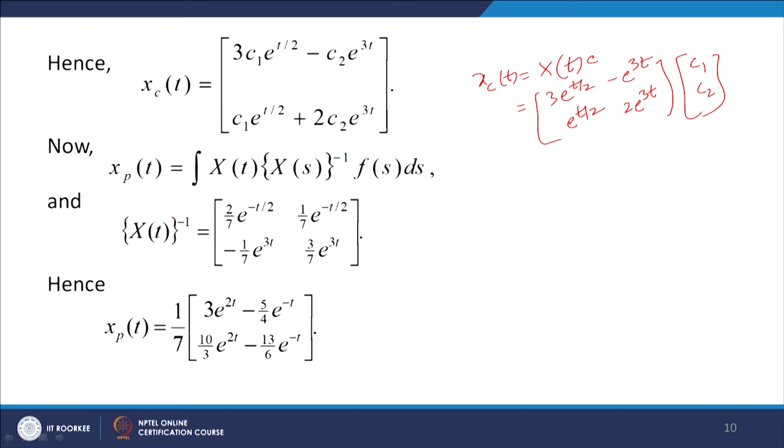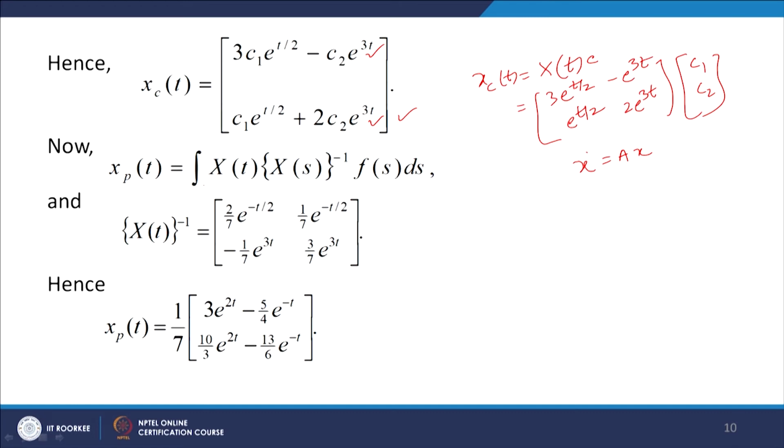Okay. So, when you multiply this column vector to this 2 by 2 matrix, you get 3c1 e^(t/2) minus c2 e^(3t) as the first element, and second element is c1 e^(t/2) plus 2c2 e^(3t). So, we get this general solution of the vector equation x dot equal to Ax.